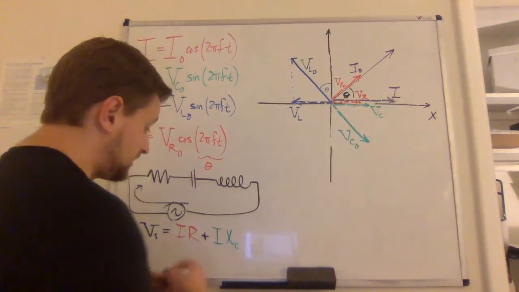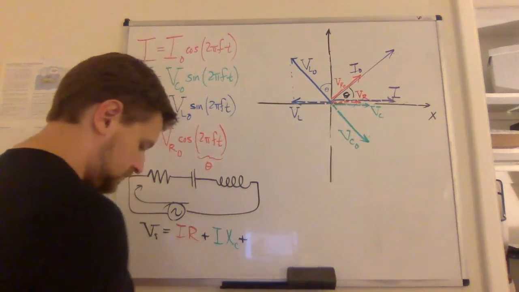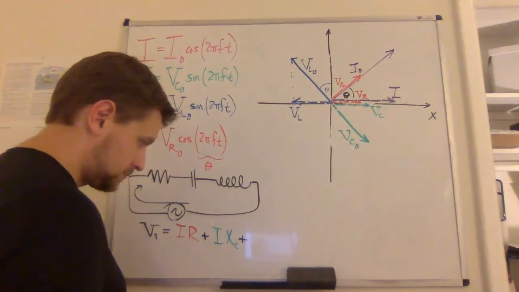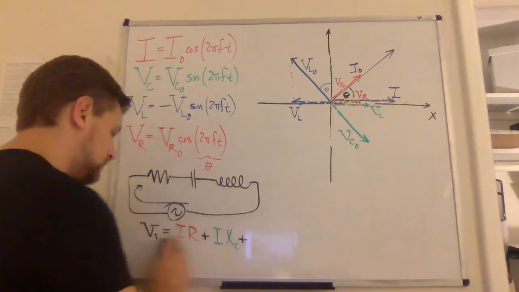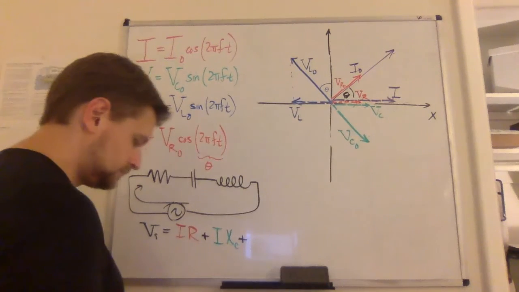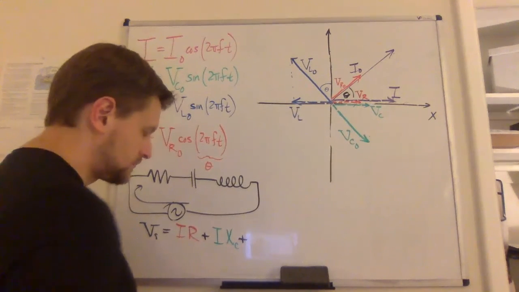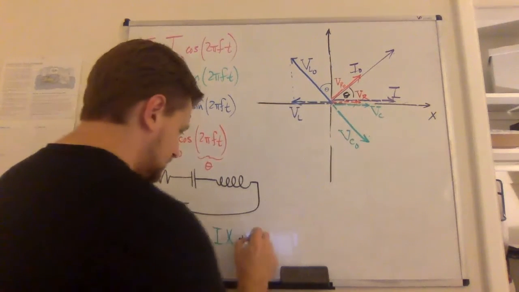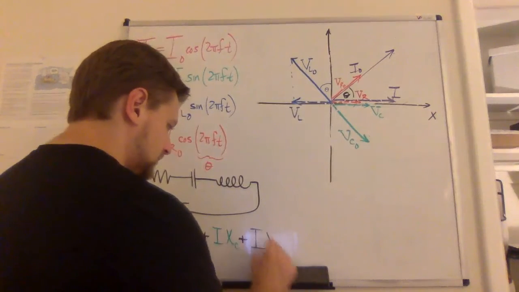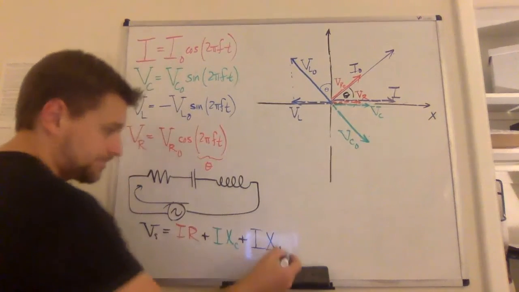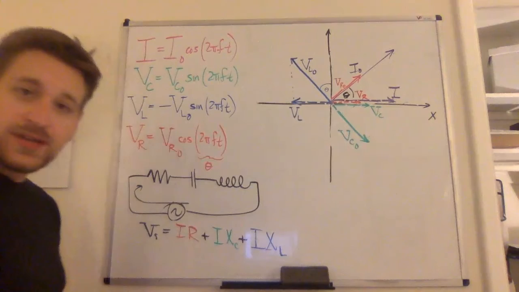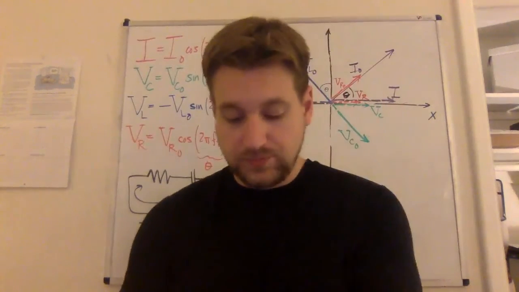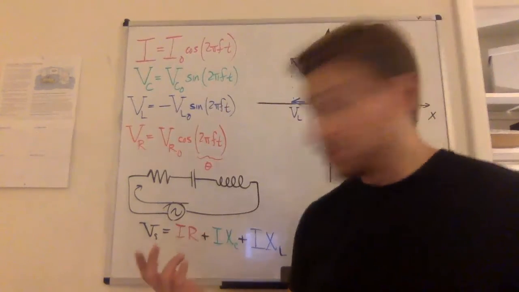And the voltage across the inductor was I times XL. I can't write this equation. It's a nice enough place to put the reactances to remind us that we know them.